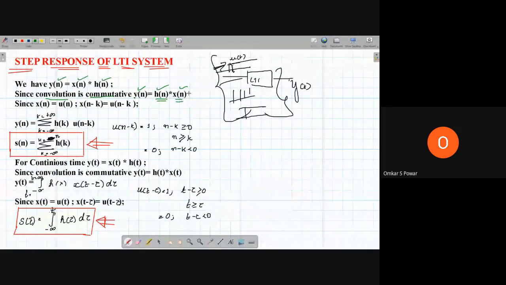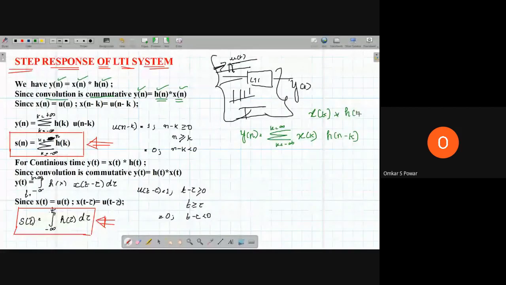So what is our formula? Our convolution formula is y of n is equal to summation k varies from minus infinity to infinity x of k into h of n minus k.